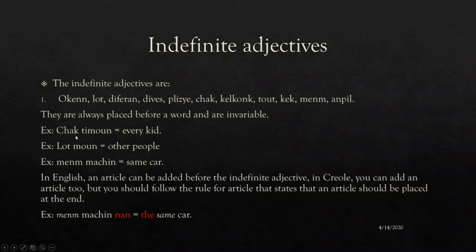So we have chaque timoun, every kid, lot moun, other people, même machine, same car. Remember what car means? Machine. Those are very common, and you're going to use them in everyday language, but there are more.